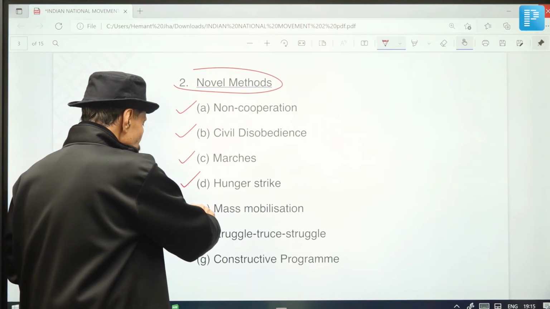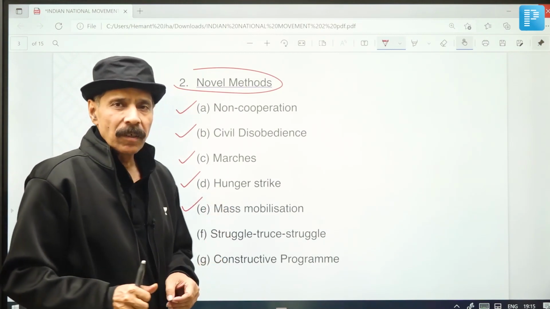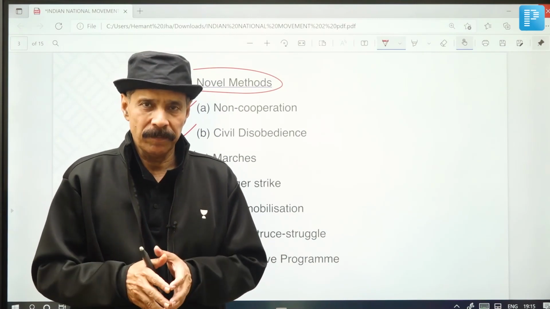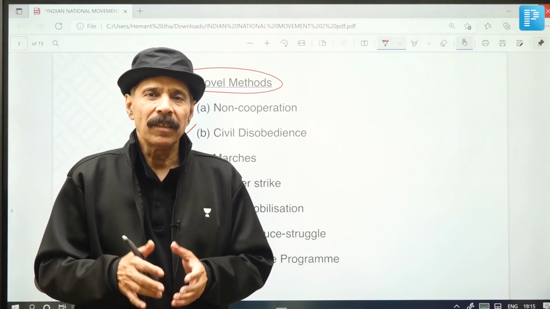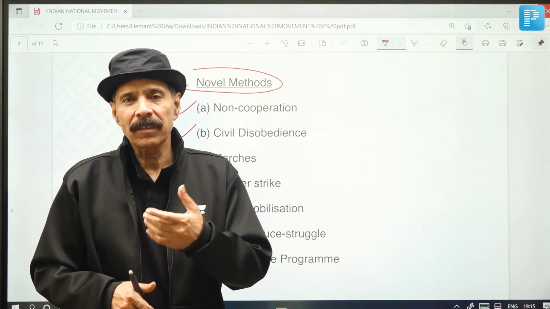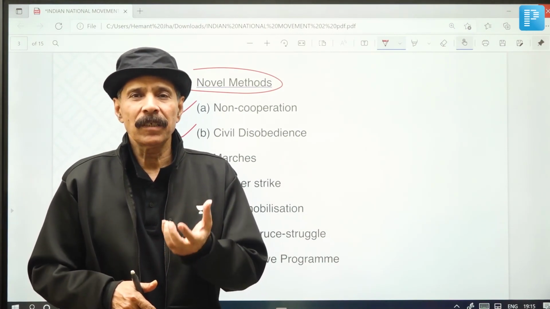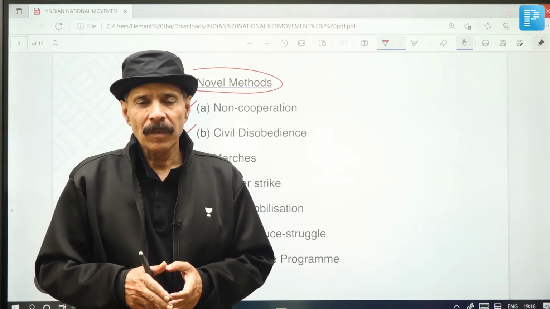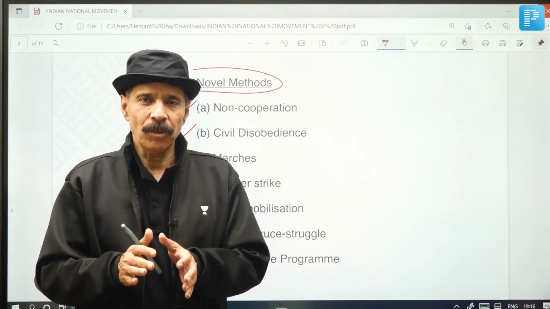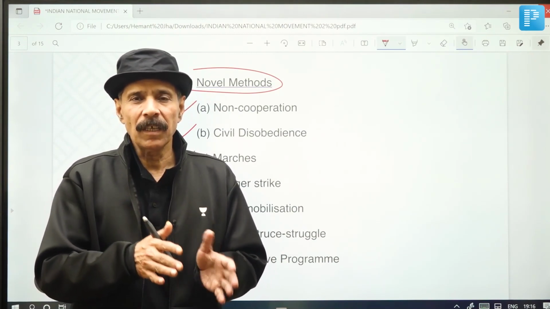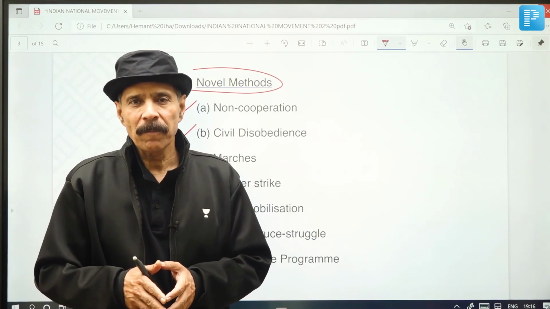Next is mass mobilization. Gandhi was a believer in the strength of the masses. So his idea was that the national movement must be a multi-class movement. So he worked for mobilization of various classes of Indian society: peasants, labor, women, etc.